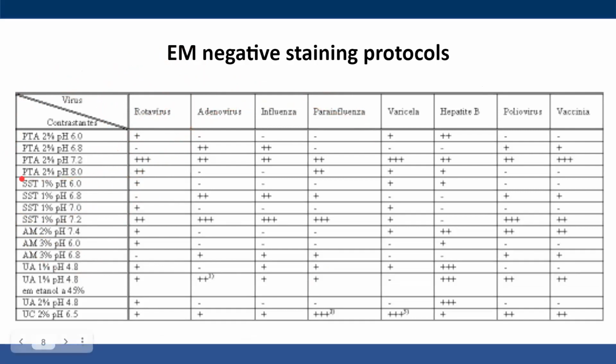Here we can see PTA at pH 8 that suits rotaviruses, but it doesn't suit adenovirus. So we have to look at what type of biological sample you're trying to understand and choose the better type of stain protocol.